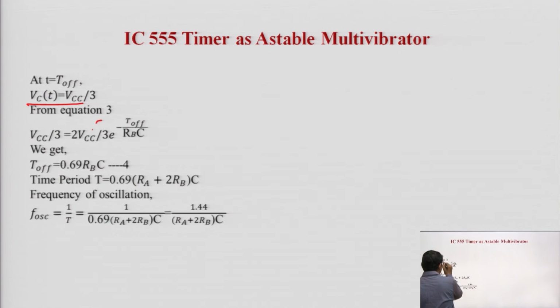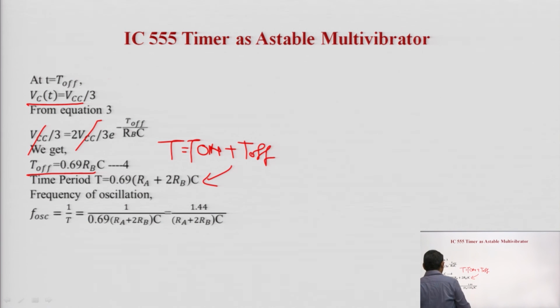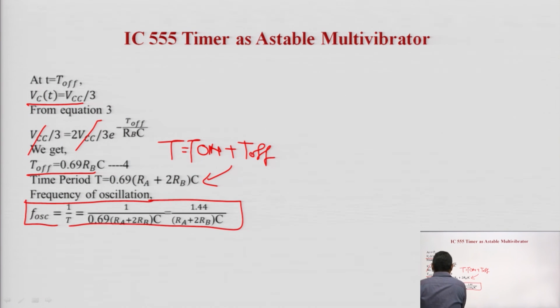We put that here, this cancels out, and we get t off equal to 0.69 Rb into C. The time period is T equal to t on plus t off, then we get 0.69 (Ra plus 2 Rb) into C, and the frequency of oscillation f osc is 1 by T, 1 upon 0.69, which comes to 1.44 divided by (Ra plus 2 Rb) into C.